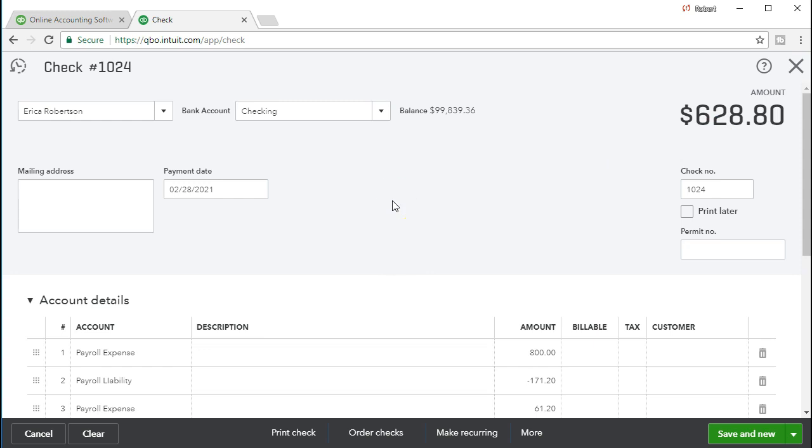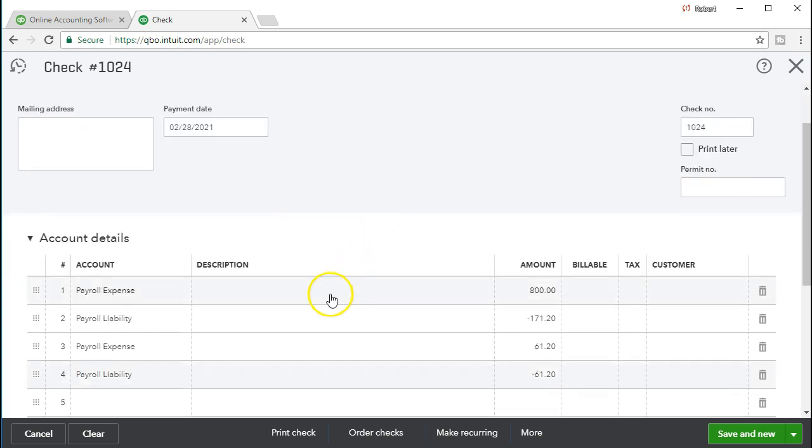So what is this going to do then? It's going to record the payroll expense of $800, increasing expense, reducing the net income. It's going to say we took from Erica $171.20 for her payroll taxes and are holding on to that and are going to pay to the Fed what she owes.